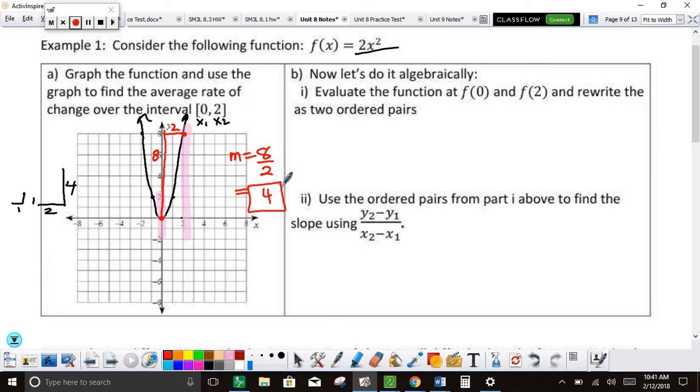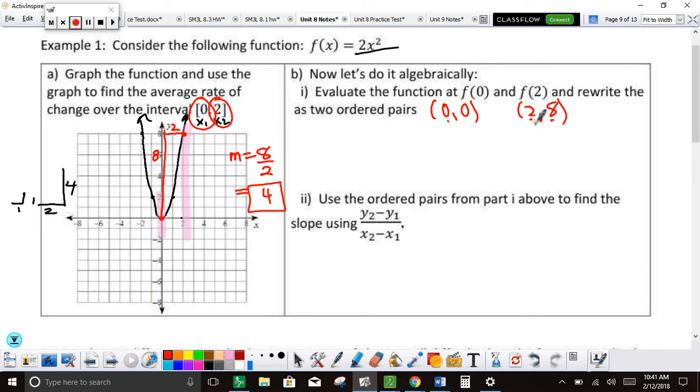Yep. Now, algebraically, this is what it would look like. When x is 0, what is y equal? 0. When my x is 2, my y value is 8. So the very first thing I would do is evaluate the function at 0 and 2, which is 2 points. Again, this first one becomes the x1 value here. The second one becomes the x2 value here.